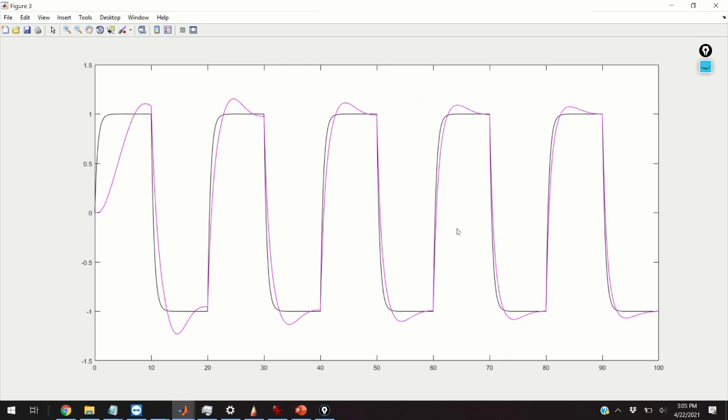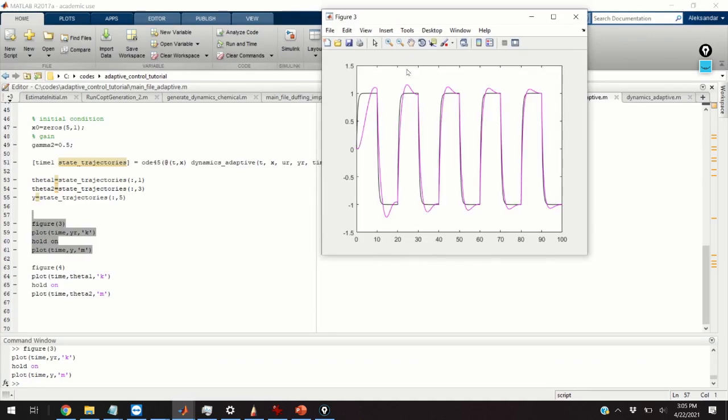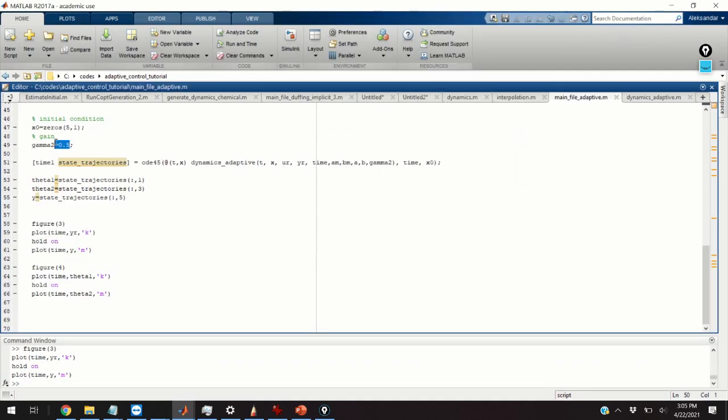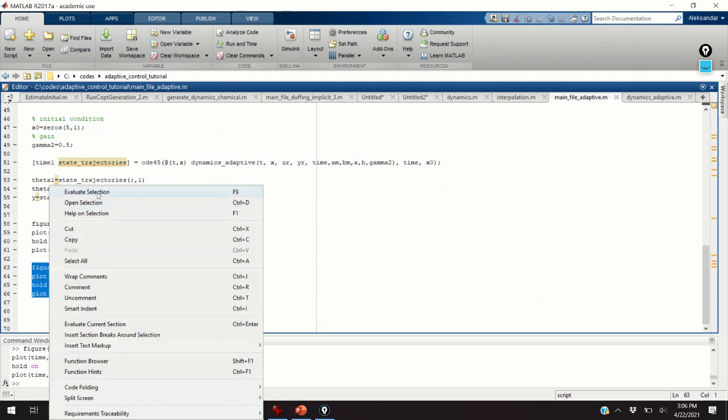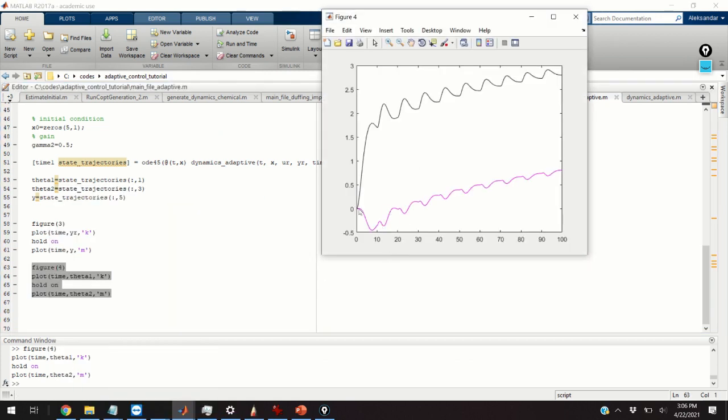We see that the tracking performance is not bad, however it's not perfect, and the reason is that this parameter is relatively small. We can increase this parameter to obtain a better tracking performance. And finally, we can plot the trajectories of the parameters θ1 and θ2. The black line is θ2, and the purple line is the parameter θ1.